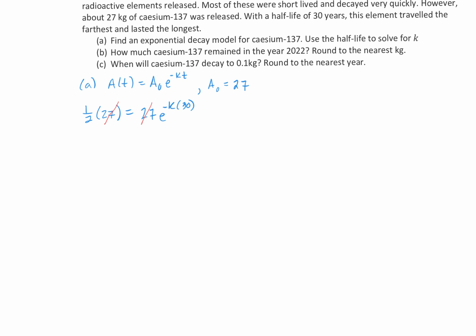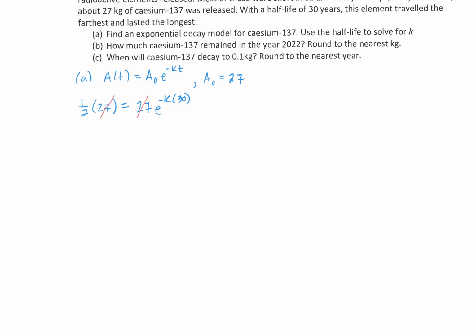And again, as we have seen with these other problems, we're going to have to natural log both sides. I think I'm going to write 1/2 as 0.5. It's just easier for me to put in a calculator. So natural log of 0.5 is going to be equal to, now if I natural log the e, it cancels, and I end up with negative 30k.